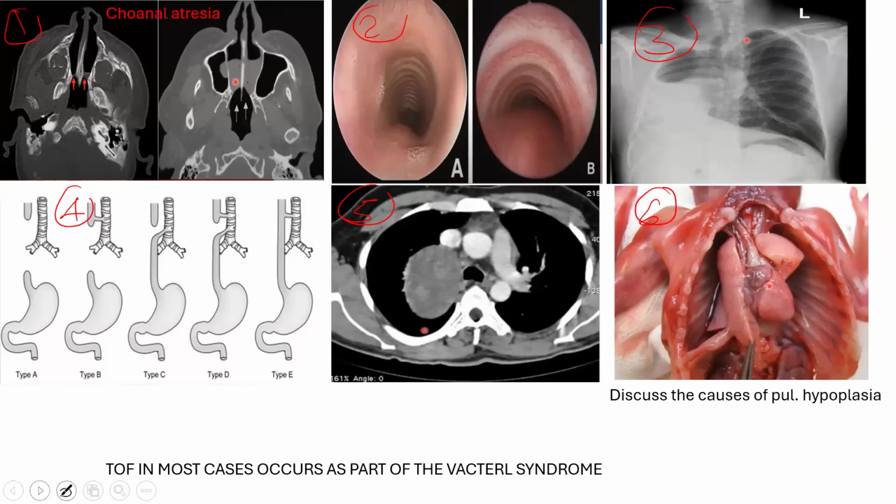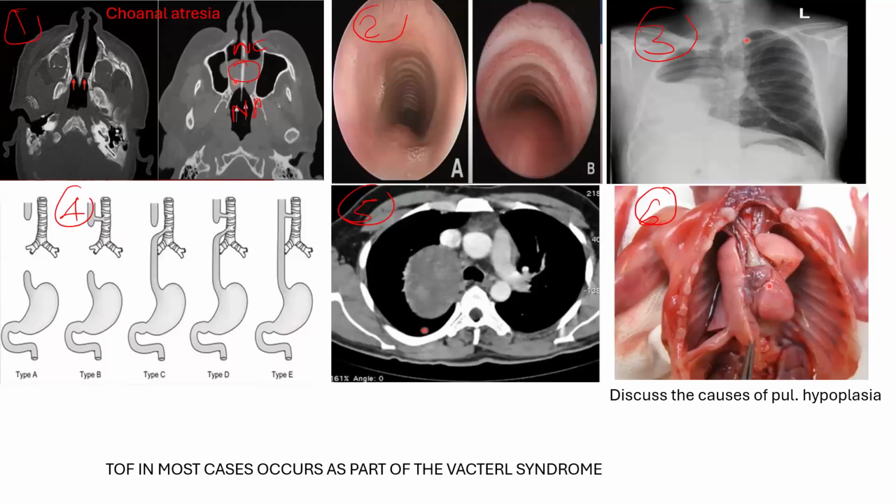So that's choanoatresia. In that choanoatresia, you can see that we have a soft tissue structure within the choana, the boundary between the nasal cavity and the nasopharynx. So this is the nasal cavity, NC. This is the nasopharynx, NP. So you have that boundary, the choanas are occluded.